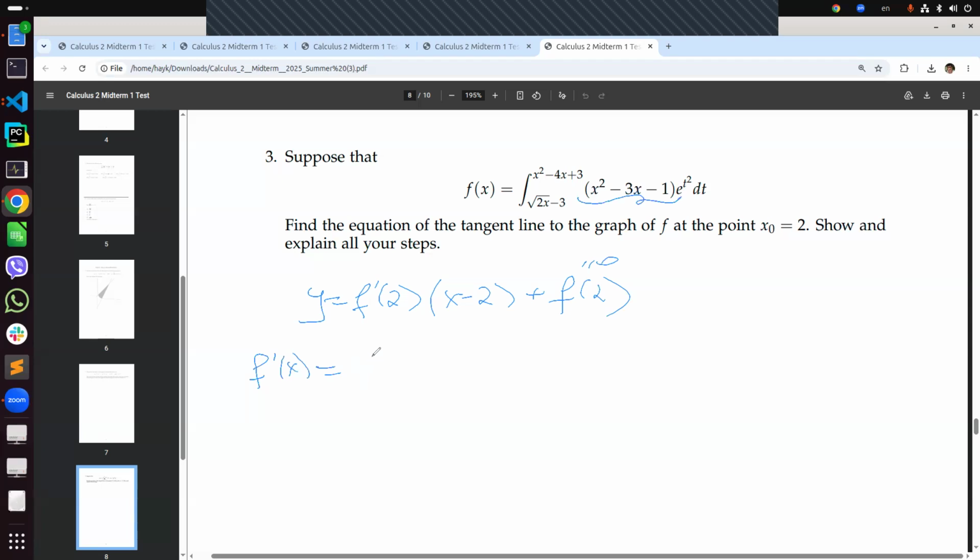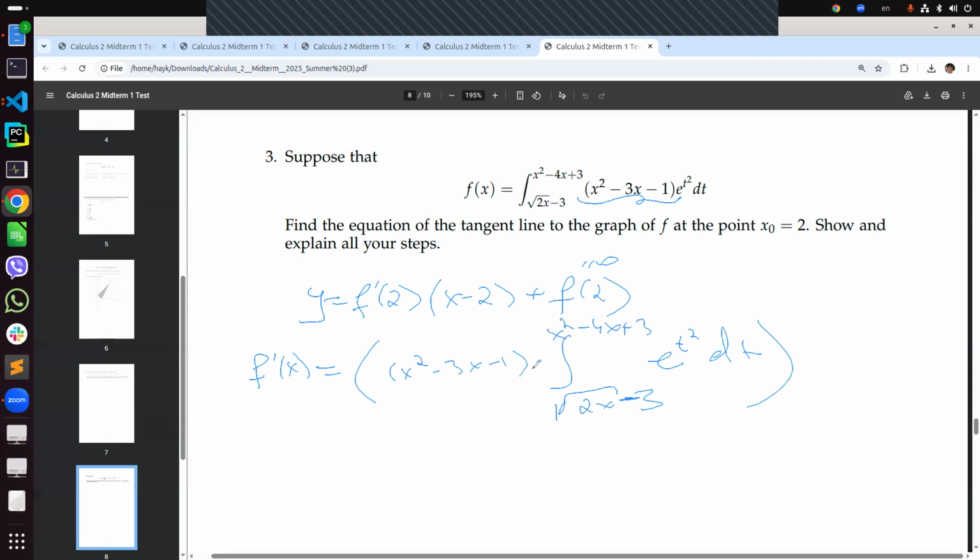That's fine, because we can take it out of the integral. So x squared minus 3x minus 1 times the integral from root of 2x minus 3, x squared minus 4x plus 3, e to the t squared dt.